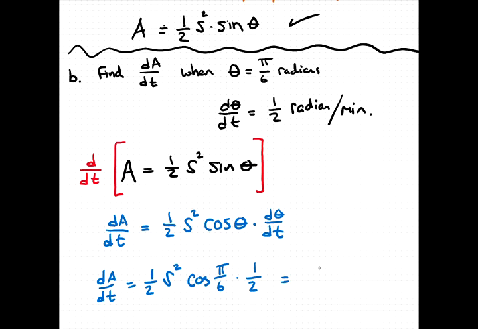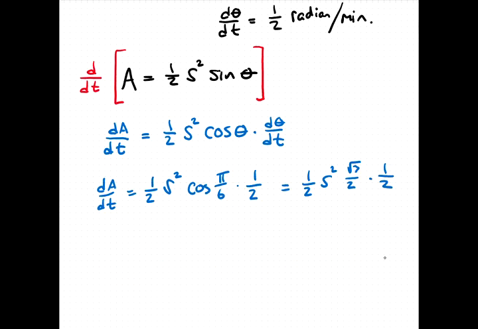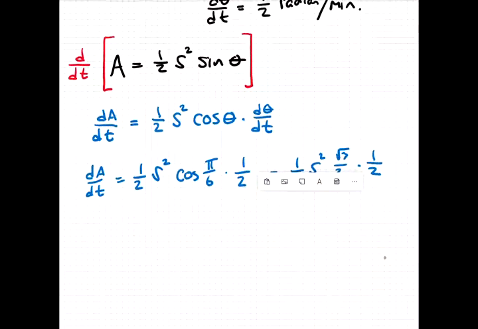All right, so we've got a 1/2. So we've got an s squared. We've got a cosine pi over 6, which is root 3 over 2. And we've got a 1/2. So if we multiply this all out, it looks like we got 3 2's on the bottom. That's an 8. We've got an s squared and times a square root of 3.